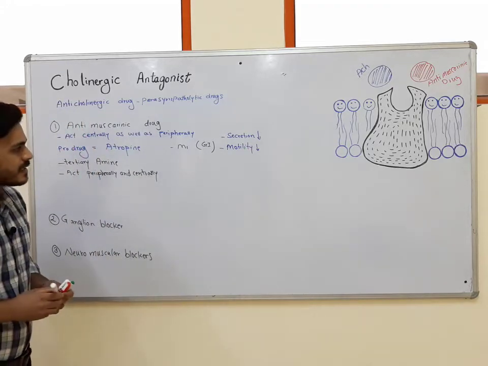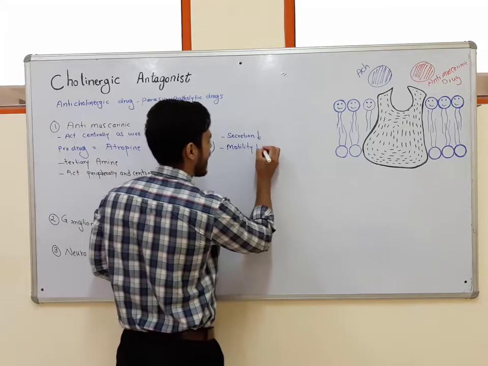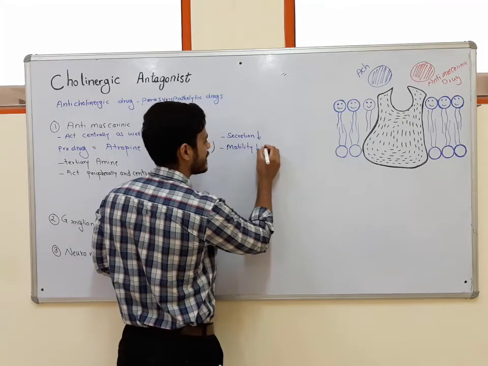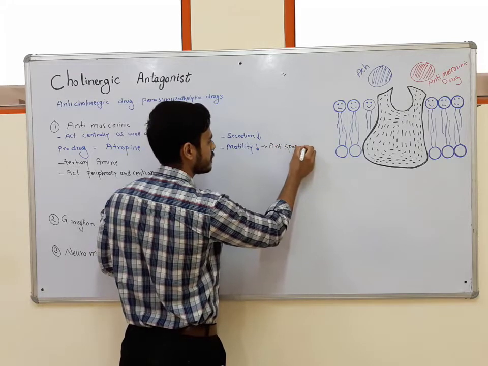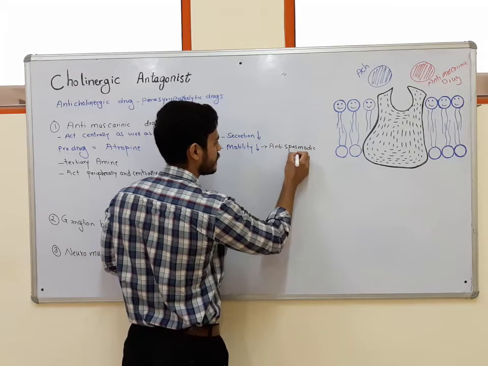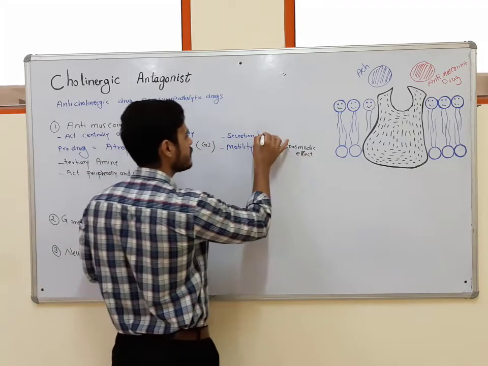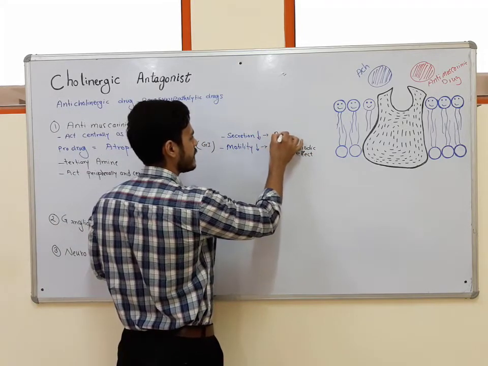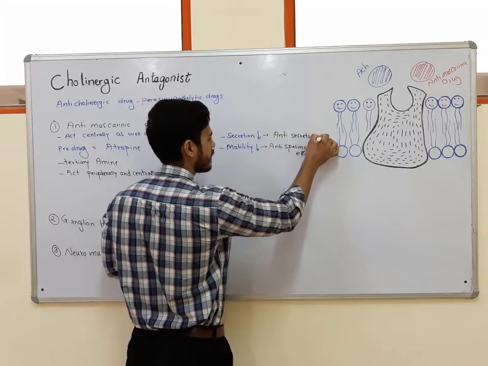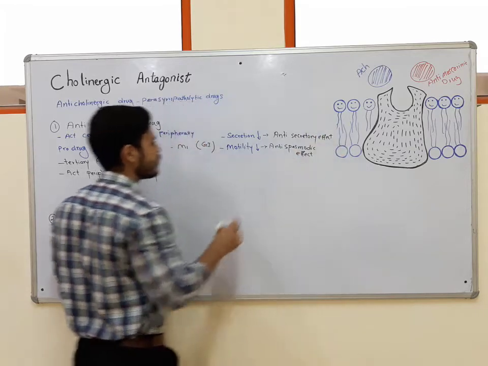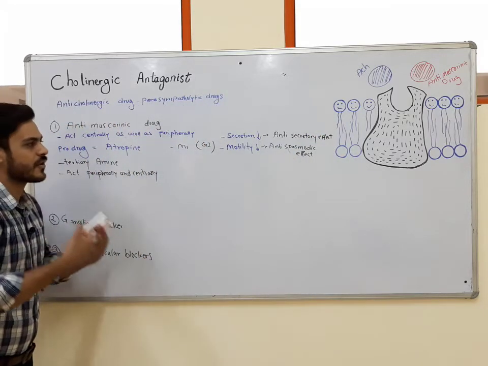By decreasing the motility, we can use atropine for treatment of spasm, and it shows an antispasmodic effect. And by decreasing the secretion, we can use this for its anti-secretory effect. This is one of the actions of atropine when we prescribe it for any patient.